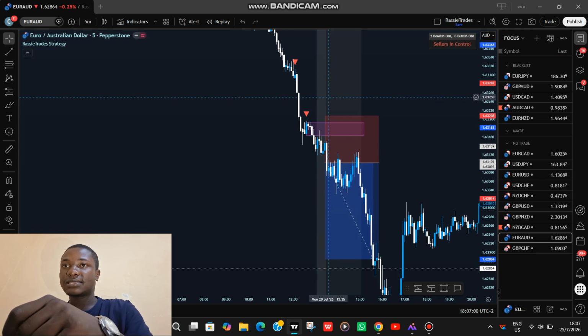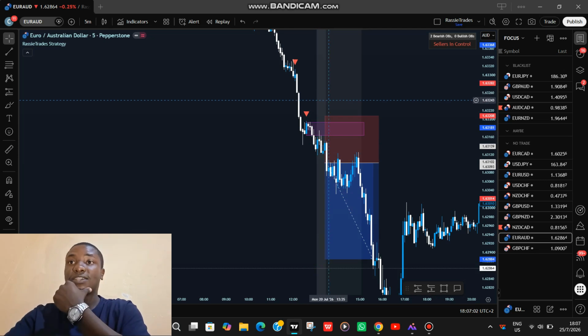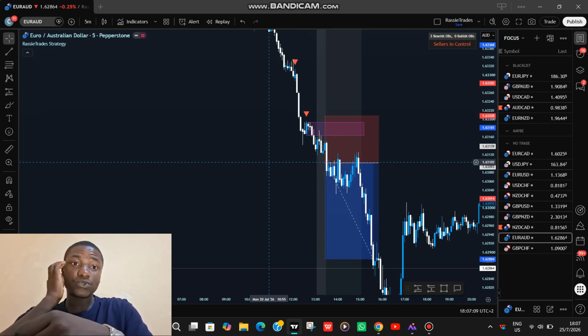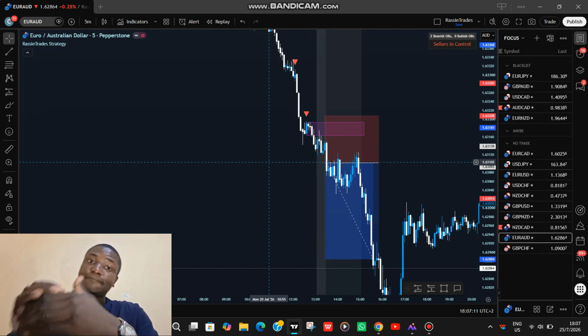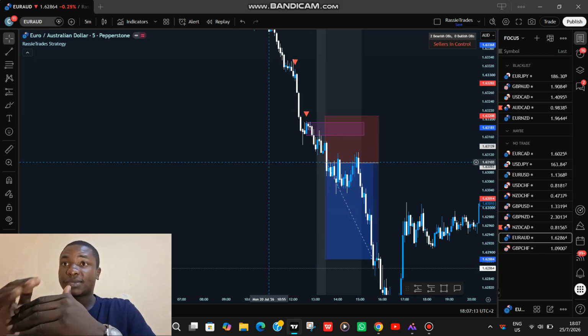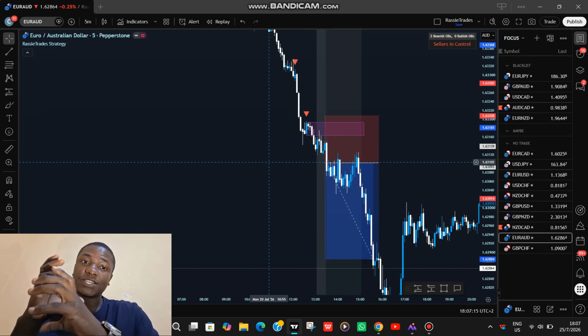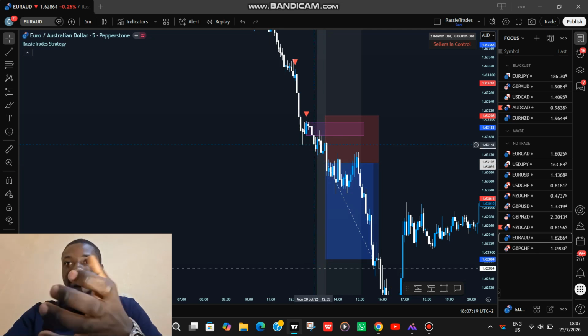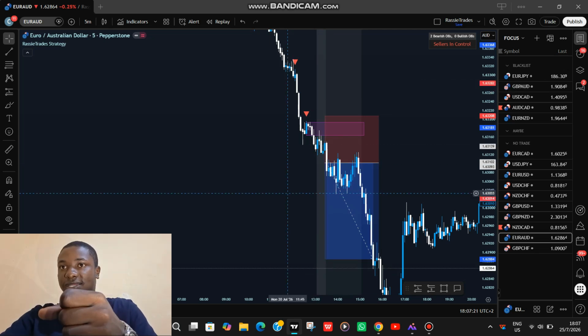Then there's this part that I've graded a little bit, because sometimes that's where fake outs tend to happen. So I try to wait for the first 30 minutes of that kill zone to be over. Then I tap in. So I entered this trade.